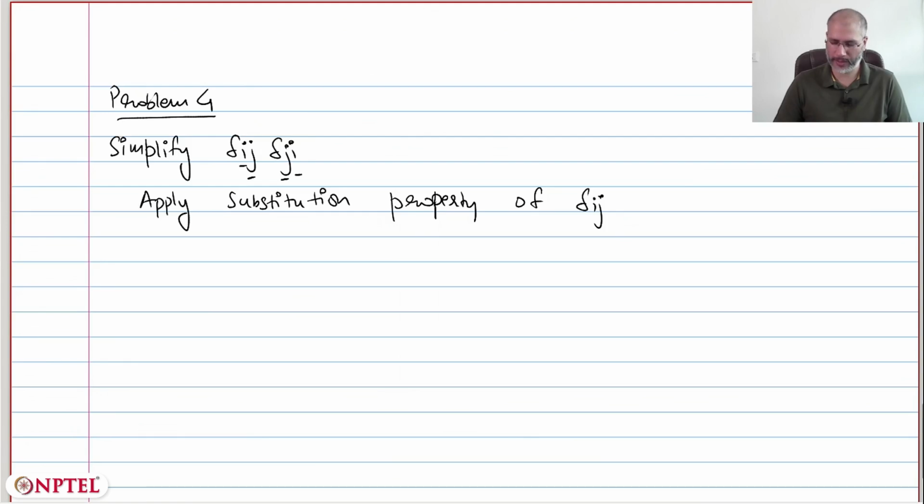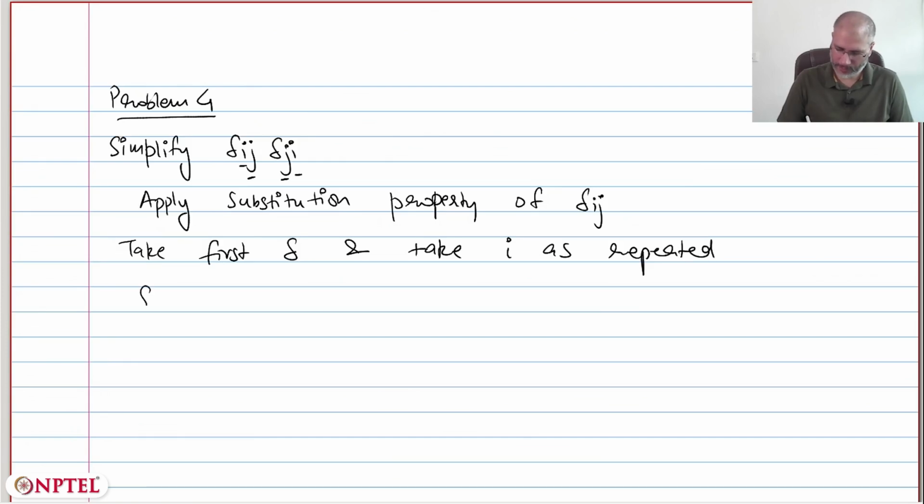I'll show you by taking a couple of choices. So let's take the first delta for applying the substitution property, and take i as repeated.